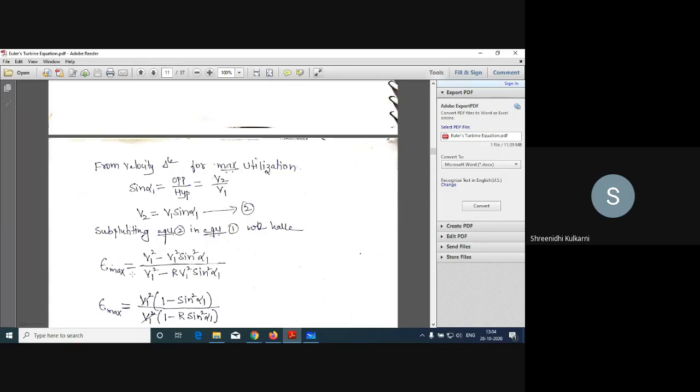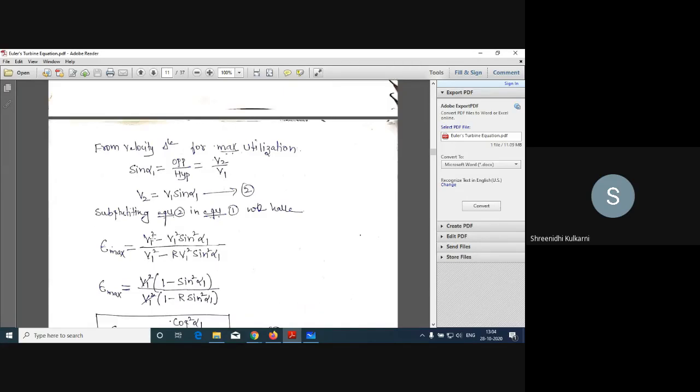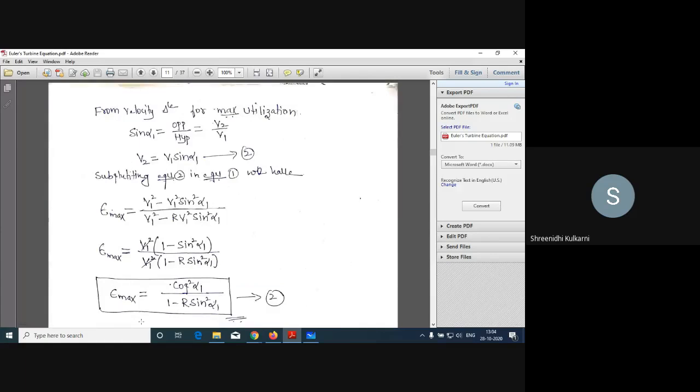So we can write V1 square minus V2 as V1 square sine square alpha 1, divided by V1 square minus R into V1 square sine square alpha 1. V1 square is common in both, so it gets cancelled. We get 1 minus sine square alpha 1 divided by 1 minus R into sine square alpha 1.